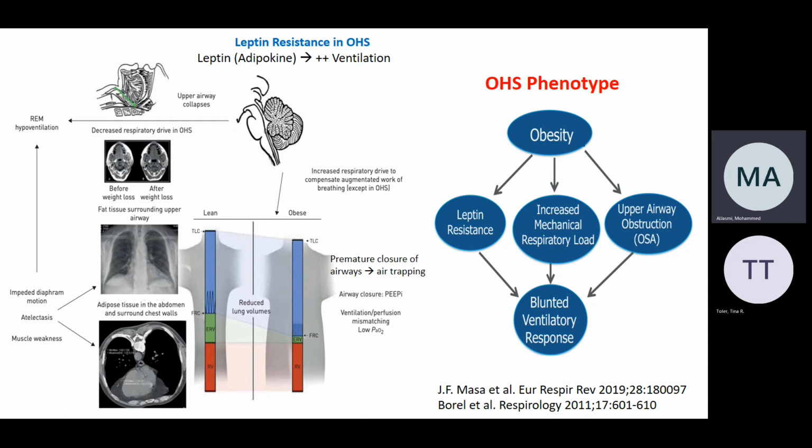Sometimes you will have obesity hypoventilation patients whose problem is mainly in the upper airway. Once you fix the sleep apnea with CPAP, everything will get better. Sometimes the problem is not only in the upper airway. The predominant problem is the leptin resistance, or a blunted ventilatory response to elevated CO2 when we sleep.